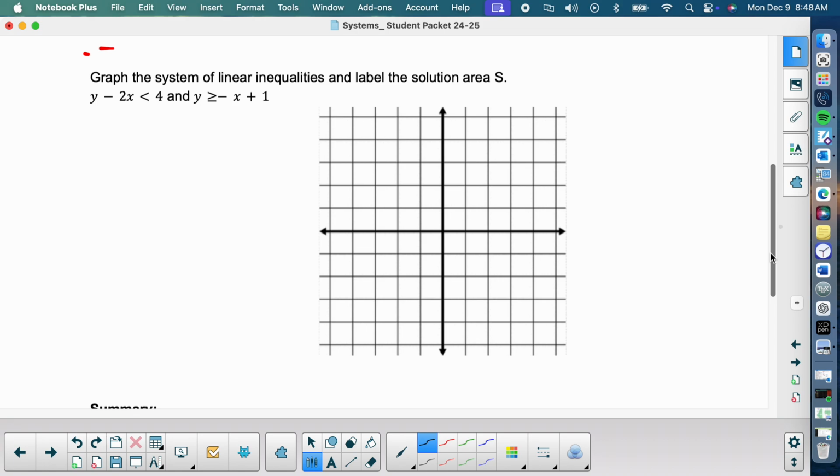Why don't you guys try this one on your own?